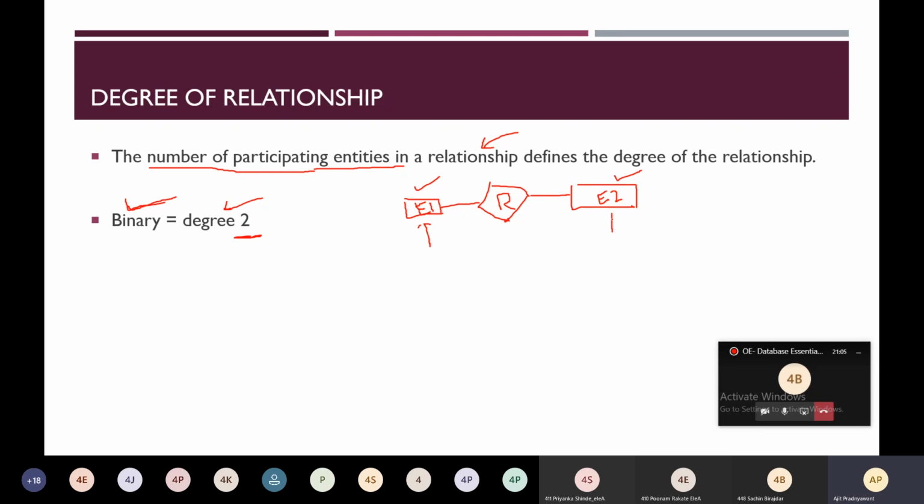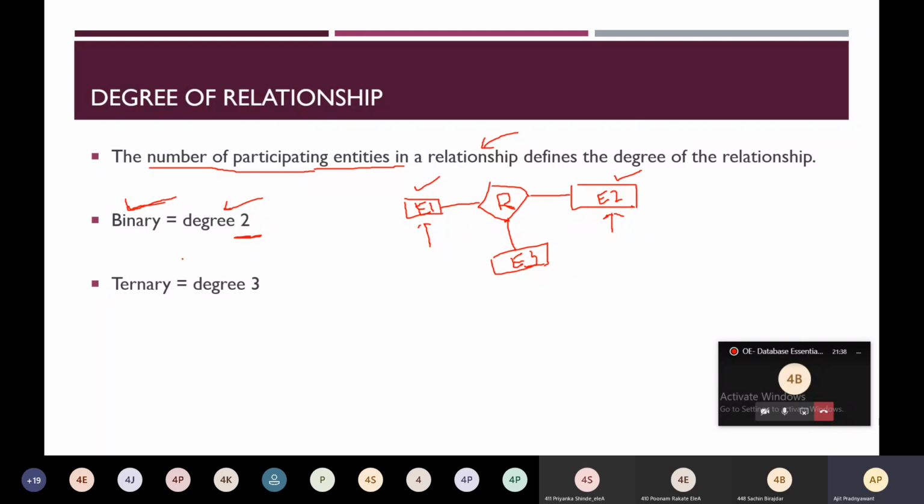Now you can guess what ternary is, a degree 3 relationship, wherein you will have three entities. Suppose we have two entities E1, E2, and we have E3 in a relationship. In this relationship R, there are three entities E1, E2, and E3.